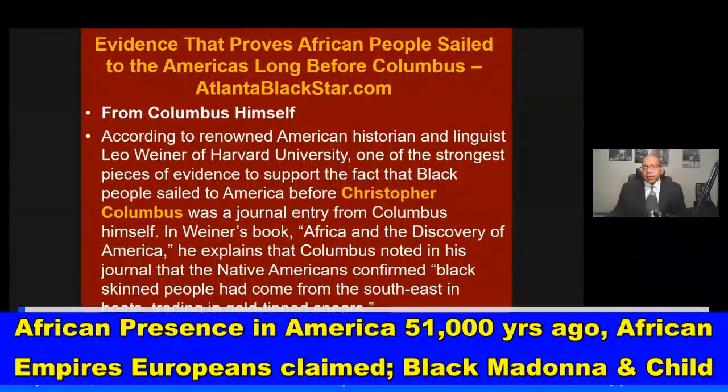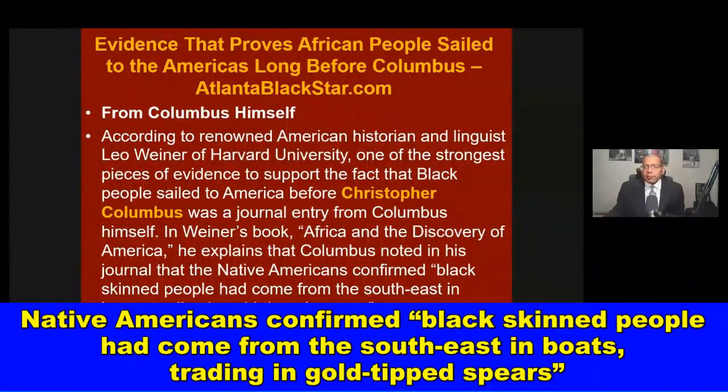But we can look at evidence from Christopher Columbus himself, because Columbus kept a diary. According to renowned American historian and linguist Leo Weiner of Harvard University, one of the strongest pieces of evidence to support the fact that African people or Black people sailed to America before Christopher Columbus was a journal entry from Columbus himself in Leo Weiner's book, Africa and the Discovery of America.